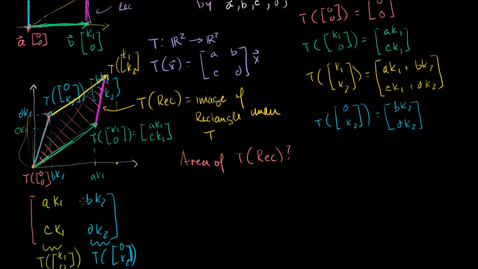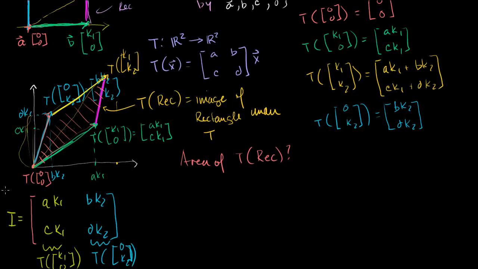Right? And in the last video, we said that the area of this parallelogram is equivalent to, let me write this right now. The area of the parallelogram, which is the same thing as the area of the image of our original rectangle under our transformation, is equivalent to the absolute value of the determinant. Let me call this matrix I for image.